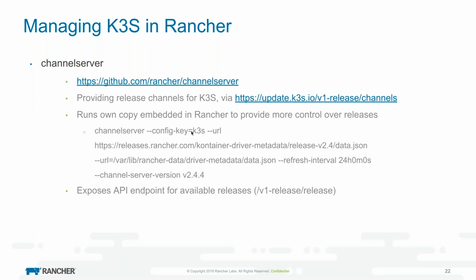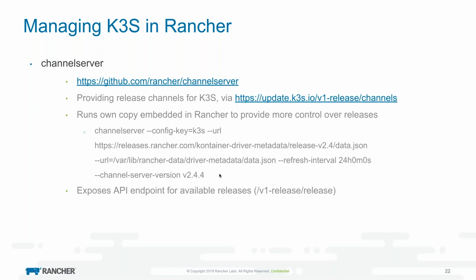We specify a config key as K3s, which I will show in the next slide as an example. And then we provide the channel server version, which is basically the version of Rancher in this case, and obviously a refresh interval. I'm going to go into the data later. What this does is it exposes the API endpoint for the available releases.